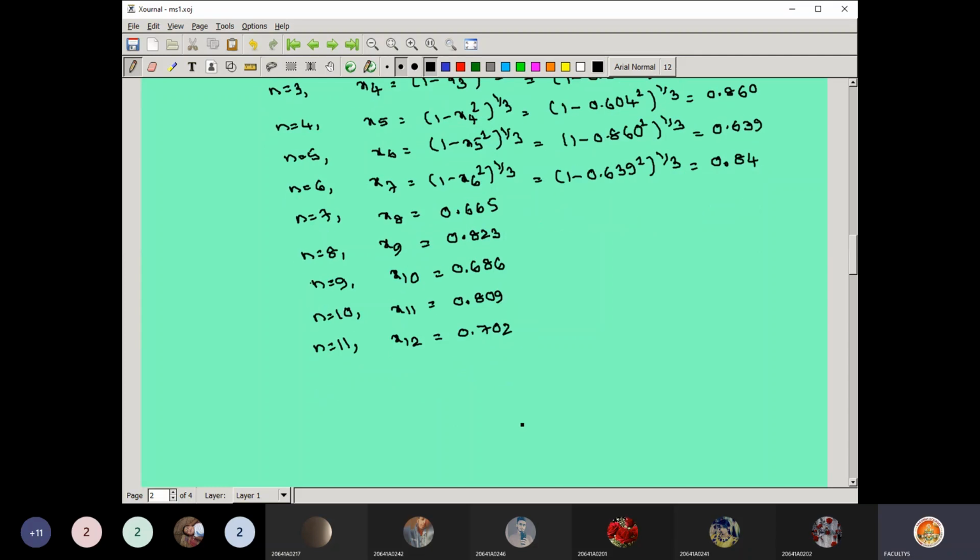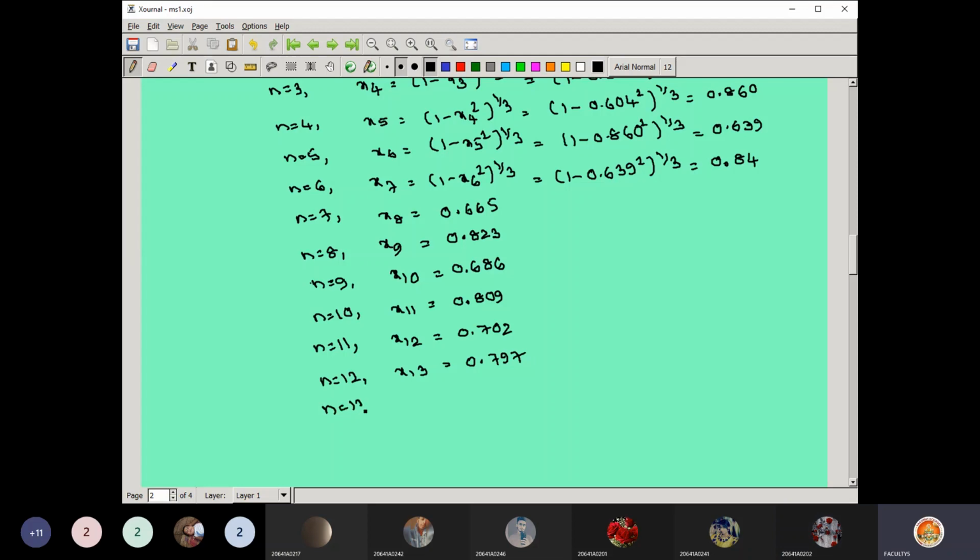Slowly we are getting equal. So n equal to 12, x13, nothing to worry. Approximately will you get 0.78 or 79? 0.797. Again, a little bit of difference.